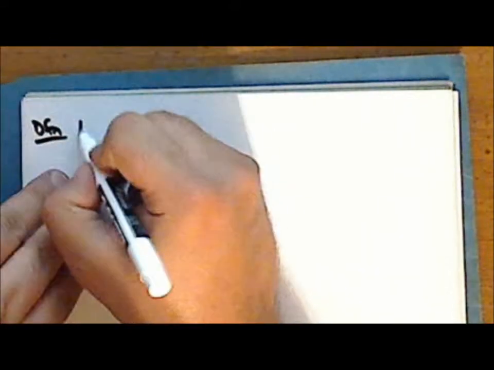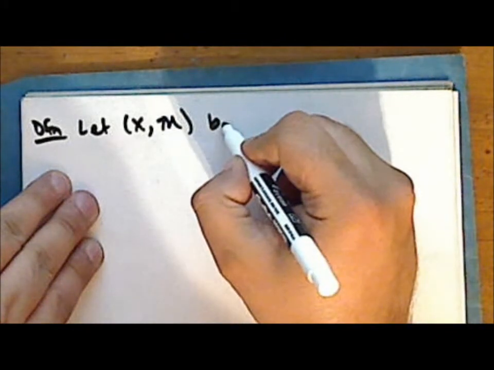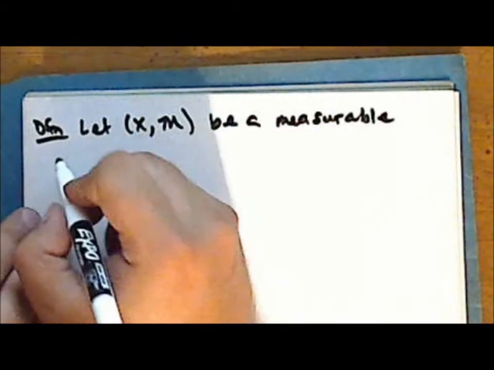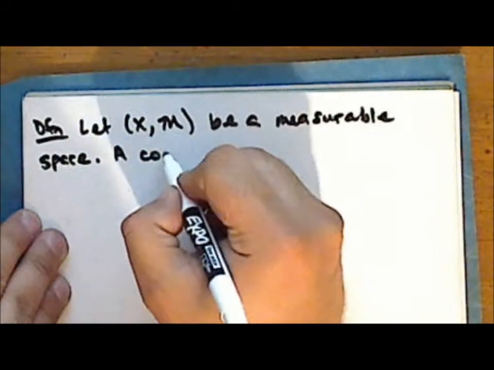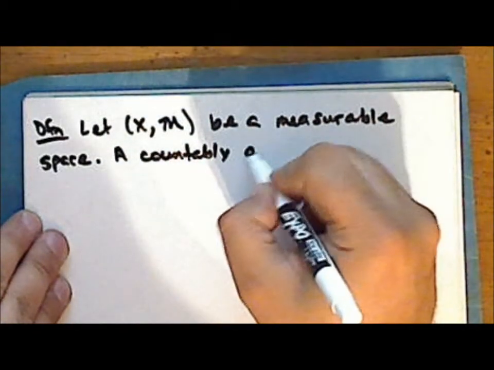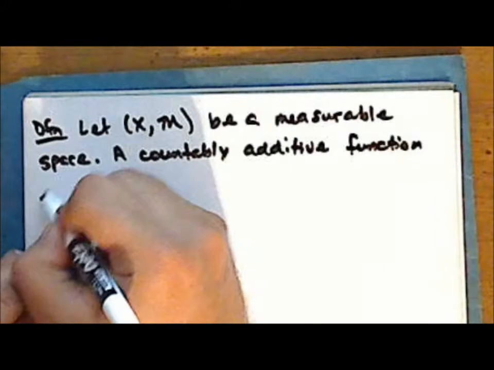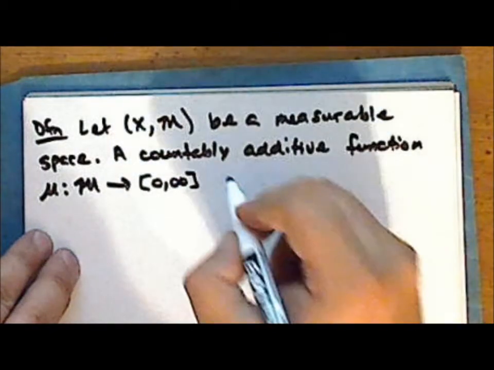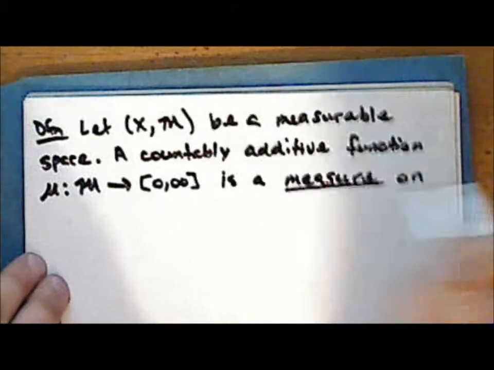So now we're ready to define a measure on a sigma algebra. Let X be a measurable space, with the sigma algebra script M. A countably additive function mu from the sigma algebra into the non-negative subset of the extended real line is a measure on the sigma algebra.